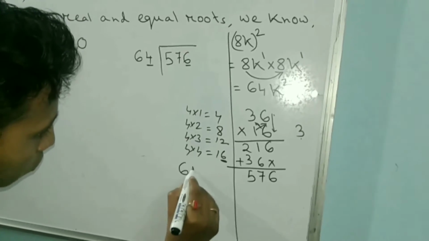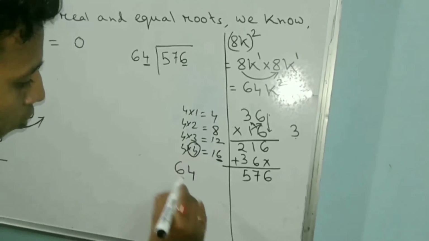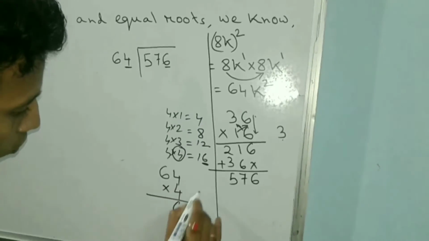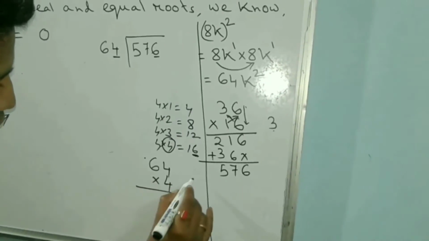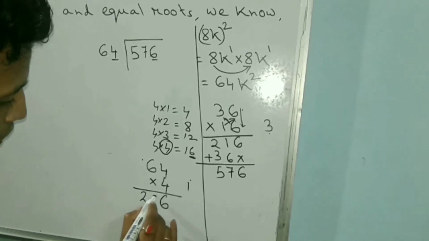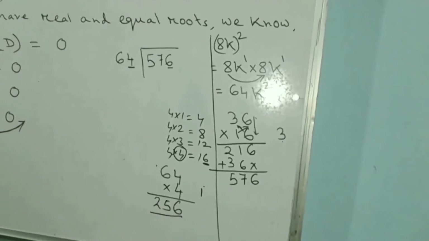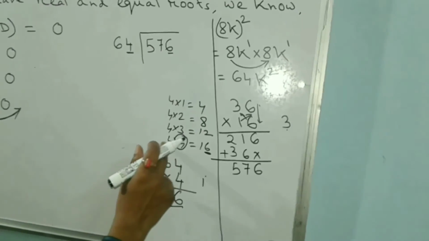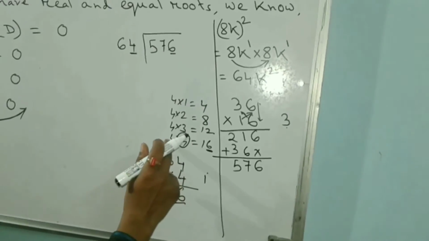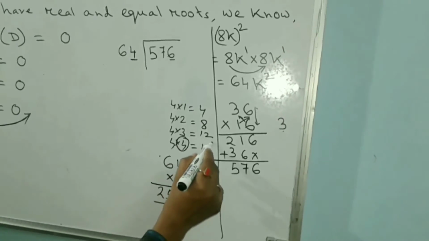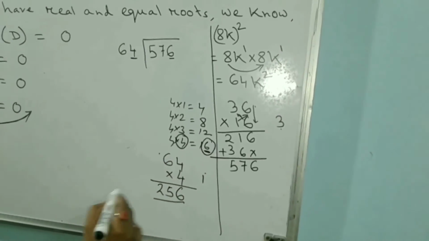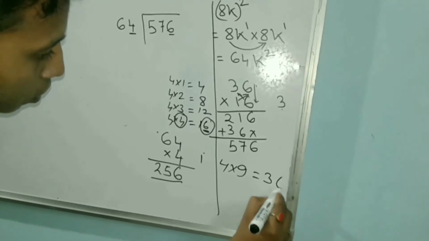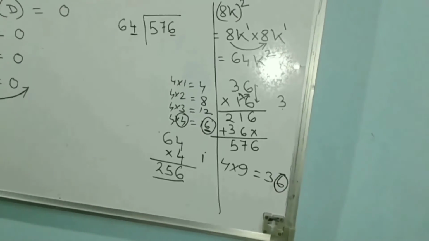So 64 you multiply by 4. Let's see what comes. 4 into 4 is 16, 1 carrying, 6 fours are 24 plus 1 is 25. So here we are getting 256, but we need 576. Now 4 multiplied by what number gives a last digit of 6? Very simple, that is 4 into 9. 4 nines are 36, so the last digit is 6.